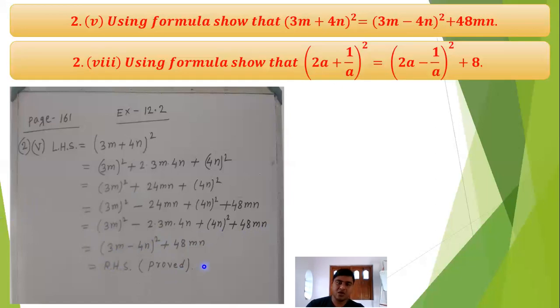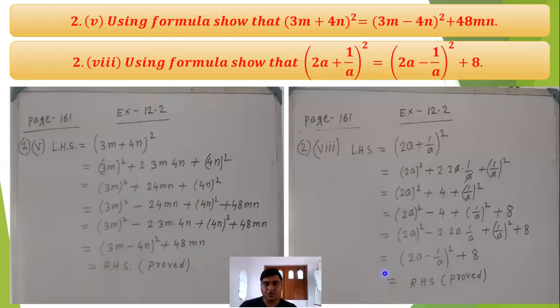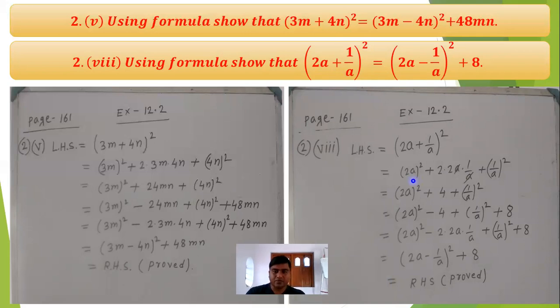2-8. Using formula, show that (2a + 1/a) whole square is equal to (2a - 1/a) whole square plus 8.